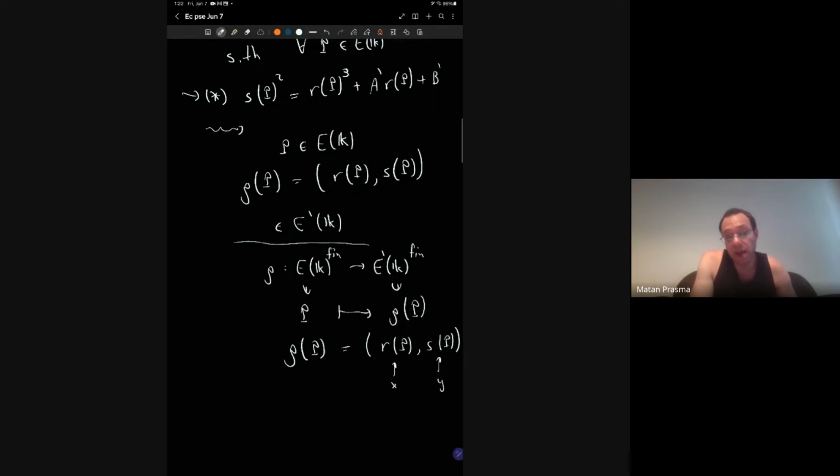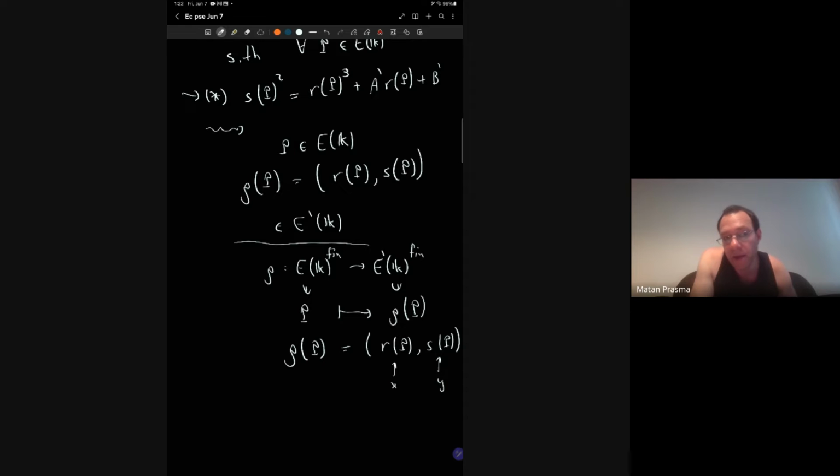For the point at infinity, it could be that S and R map the point at infinity to a finite element in the field.